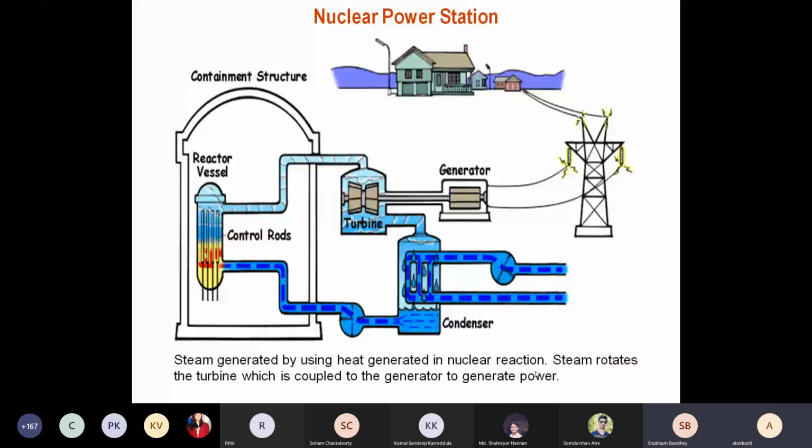Sir, what is the role of the condenser? Condenser means, the output of the turbine is steam. That steam is again condensed to form water, which is put back into the system. Because this water, as I told, is costly water.